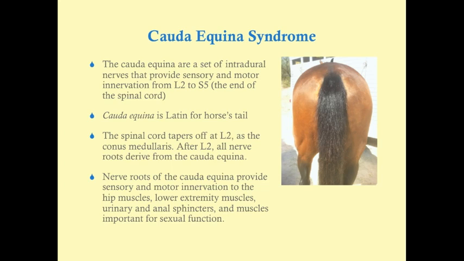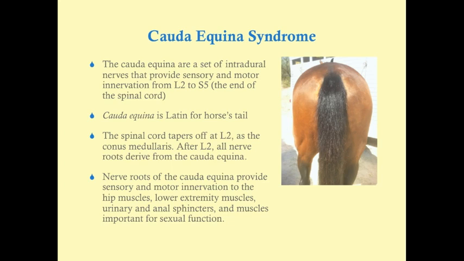S5 is the end of the nerves in the spinal column. The spinal cord itself, as we know it, ends at L2, but the end of the nervous system is S5.